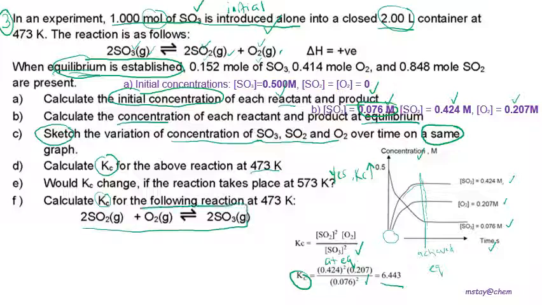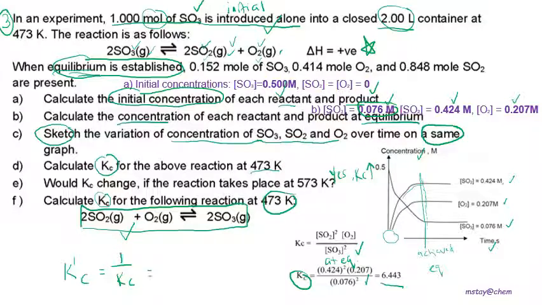So last question, calculate the Kc for the following reaction. This reaction happens at 473 Kelvin, which is quite similar to this one. The only thing is the reactants and the products are now at different positions. At the above condition, SO2 and oxygen are the products, but now SO2 and oxygen are the reactants. So this Kc will equal 1 over the Kc above.